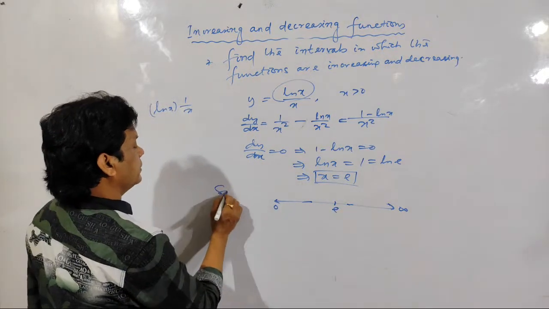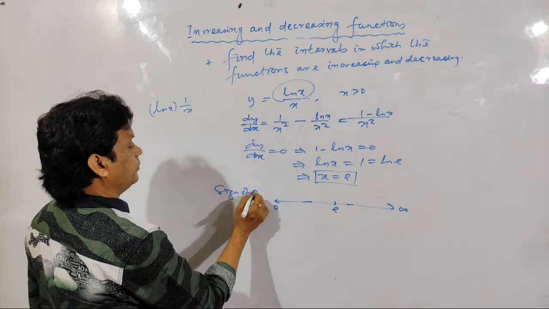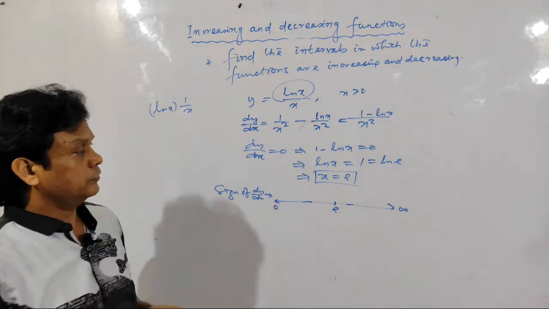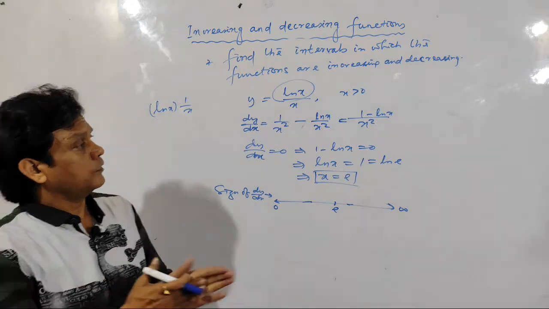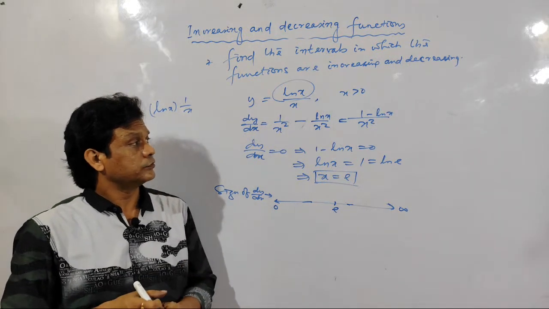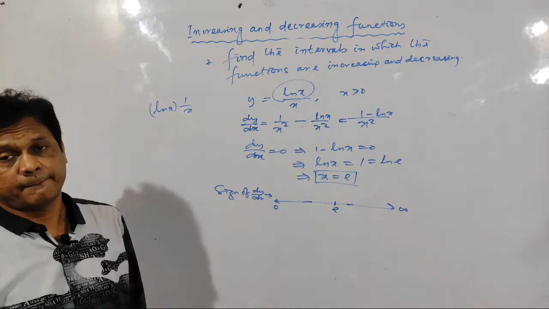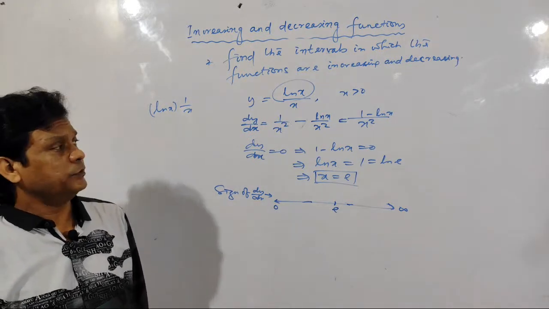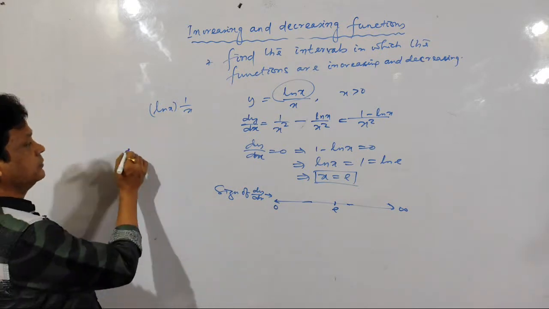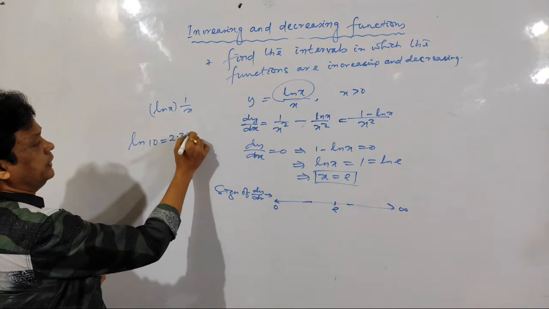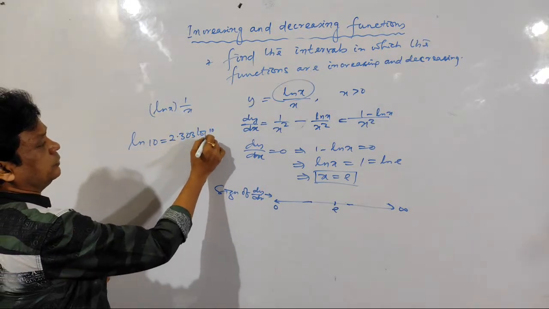So this is the sign of dy by dx. How to test? Who can tell me what is the value of ln 10? Ln 10 is equal to 2.303 log 10 to the base 10.